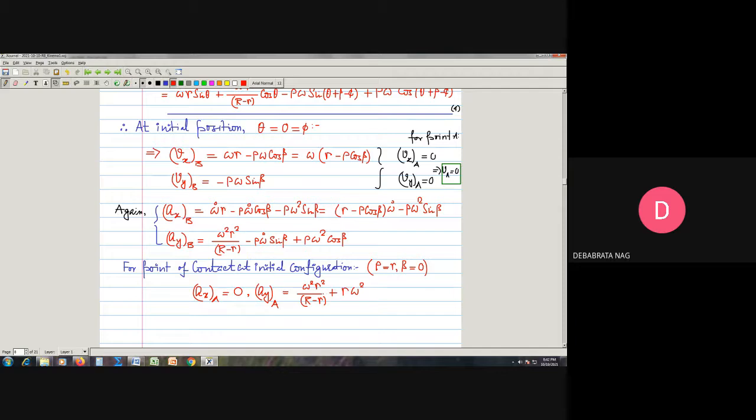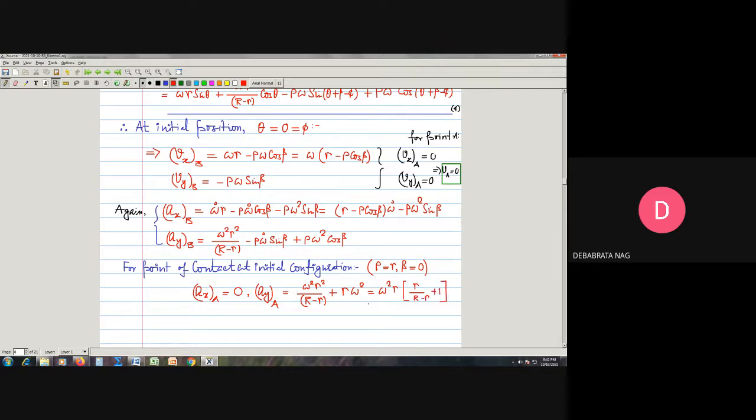So it means that the point A is having some acceleration, and that is in the upward direction because it is turning out to be plus. Now omega square r taking common, I can take this omega square r from here common. So it becomes r divided by capital R minus small r plus 1.